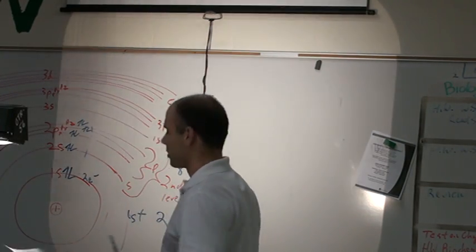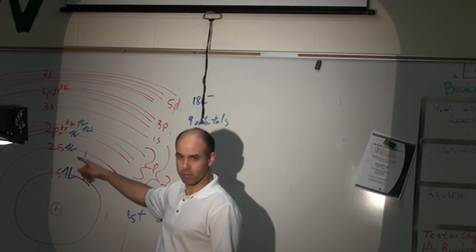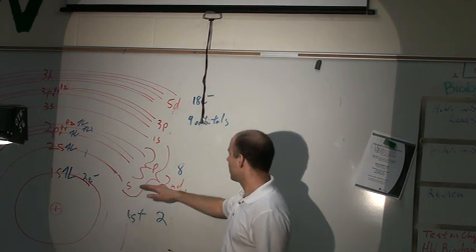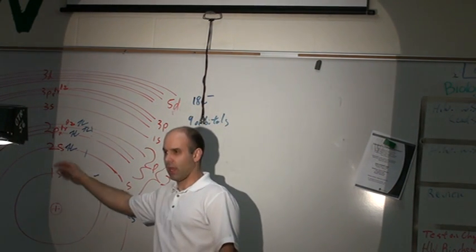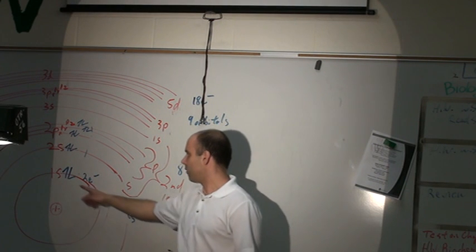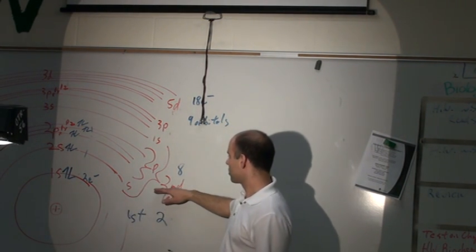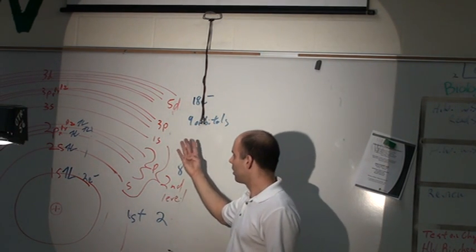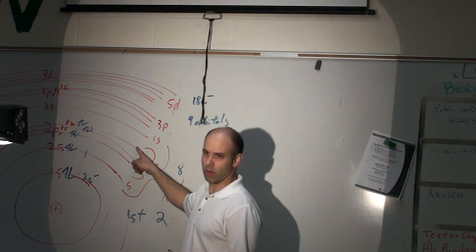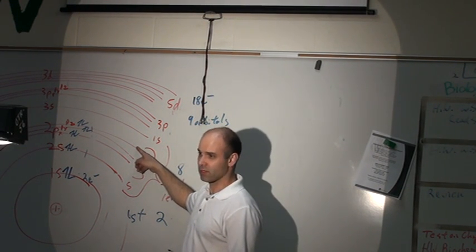Okay? So each line that I drew here is an orbital. The number of orbitals in each level is n squared. So n equals 1, I have one orbital, one line. N equals 2, what's 2 squared? 4. 1, 2, 3, 4 lines. 4 orbitals, 4 graphs.